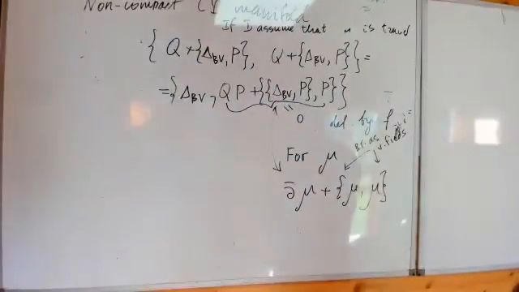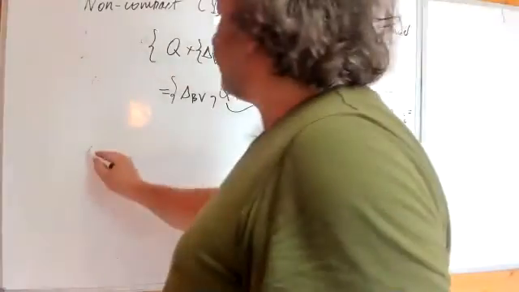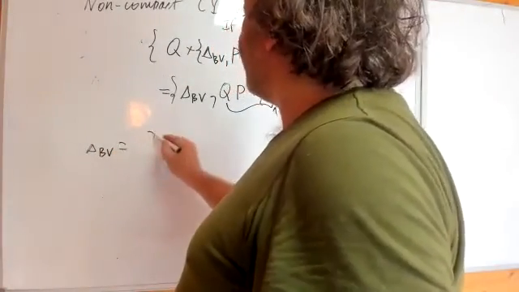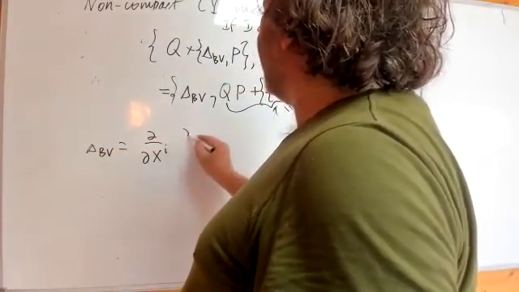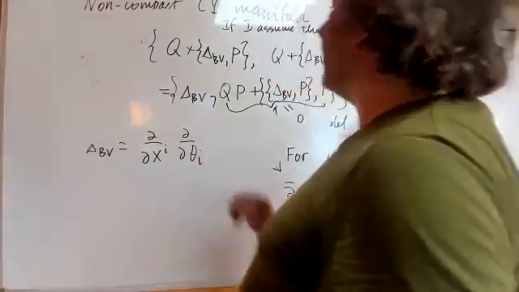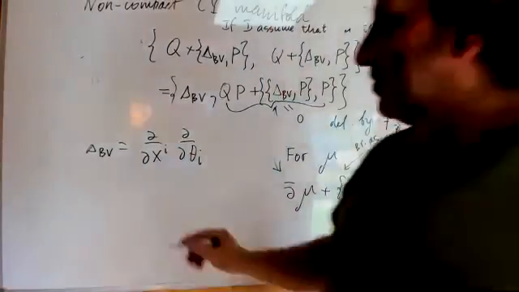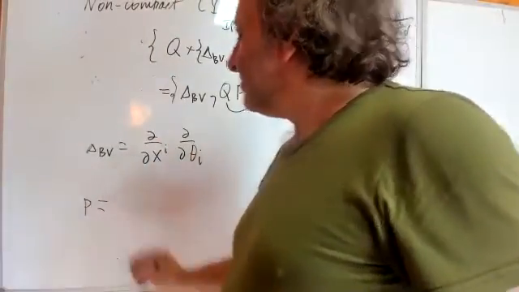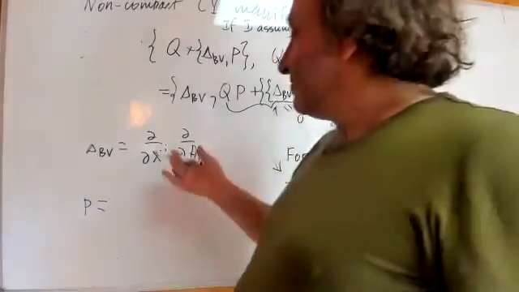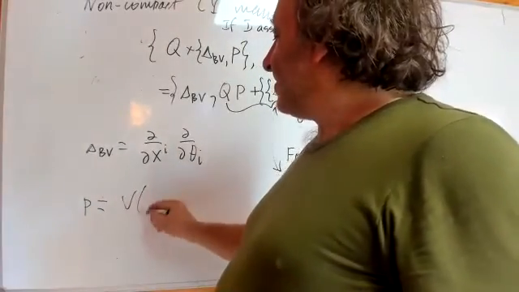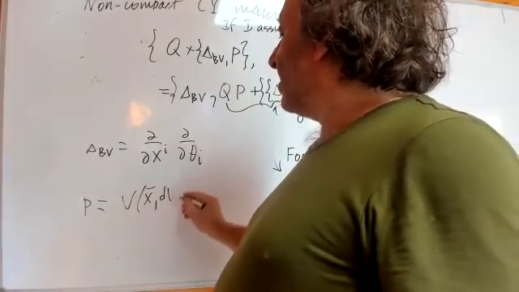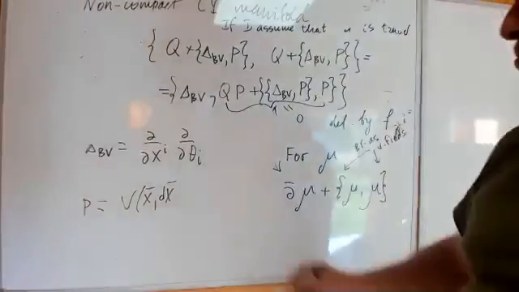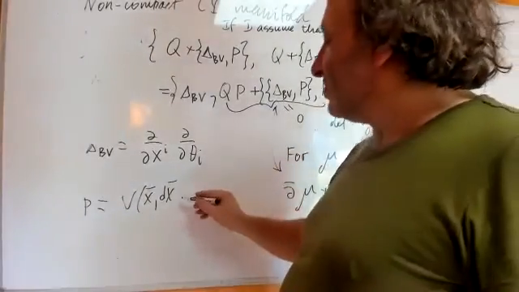So let me be a bit more explicit. Delta BV is d over dx^i, d over d theta_i. Imagine that P is some function of x bar, dx bar, so they would not be involved in computation.